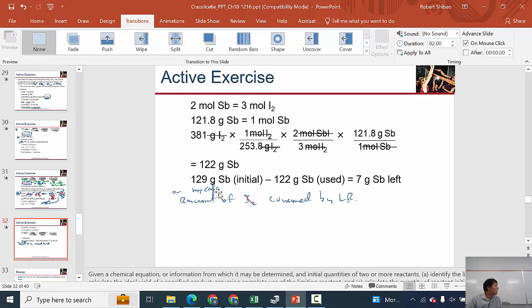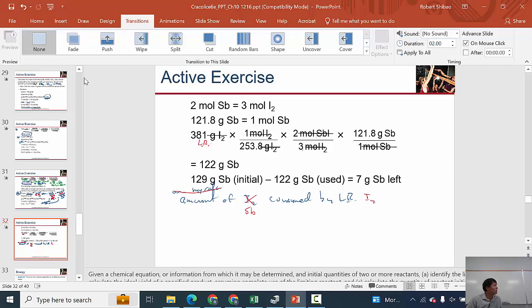So the amount of antimony consumed by the LR iodine is here. Actually, that's what they did. So this is the LR here, and we're going to calculate how much antimony was consumed. So we'll go from grams of LR iodine to moles, and then moles of iodine to moles of antimony.